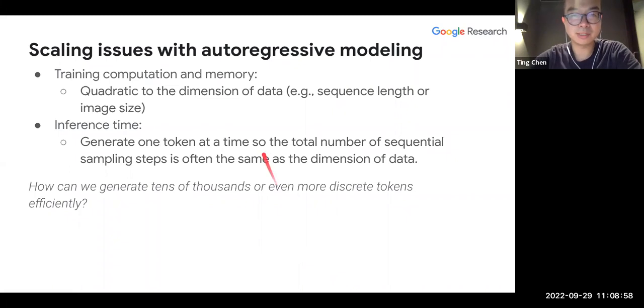Now this sounds great. GPT is very powerful. We know language models are useful, but they still have some issues with scaling. So let me show you what the issues are. One is that the training computation and memory can be quite costly. It is quadratic in the dimension of data, for example the sequence length, or if you use it to model an image as a long sequence of discrete pixels.